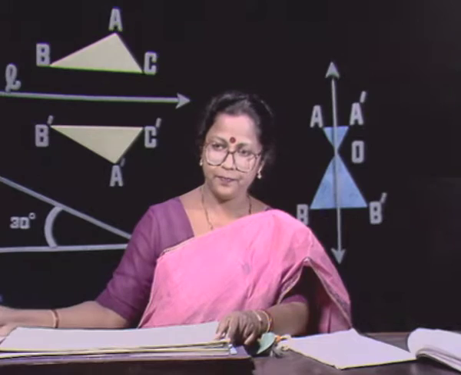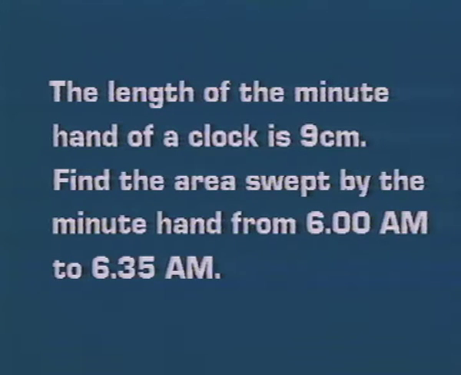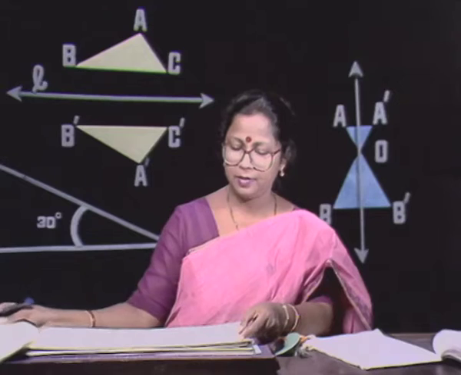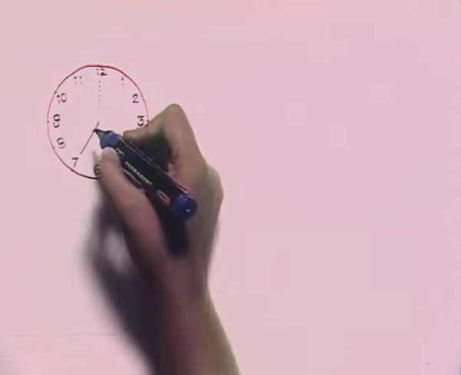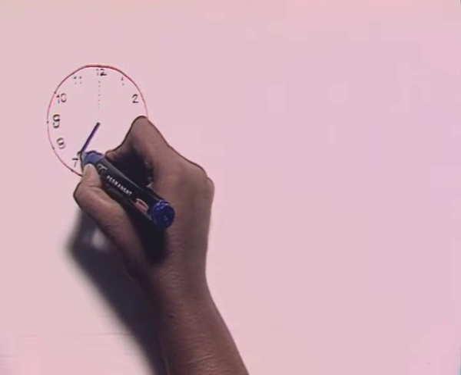See the problem. The length of the minute hand of a clock is 9 centimeter. Find the area swept by the minute hand if it moves from 6 a.m. to 6:35 a.m. Now, here is the clock and suppose this is the minute hand of the clock.